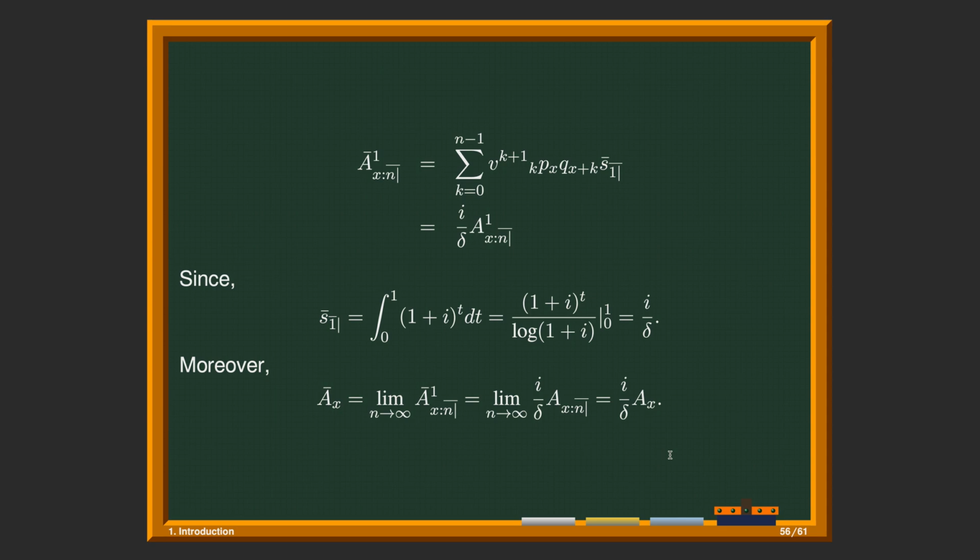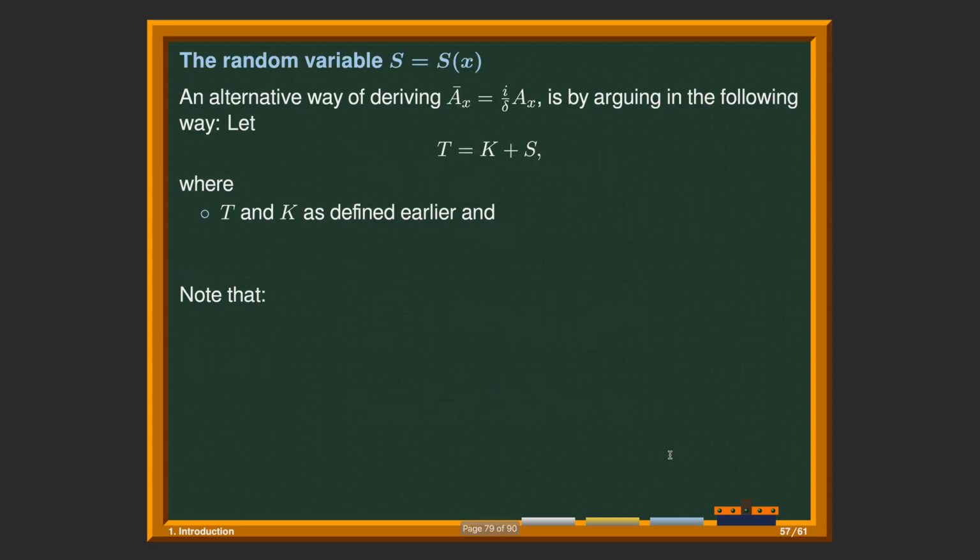Okay? Actually, we can derive the same conclusion if we make use of another random variable which we will define as S, or S of x, which actually is defined this way. So this is the S that we want, right? Wherein T is taken as K plus S, where we know that K is the integer part of T. So S is fractional.